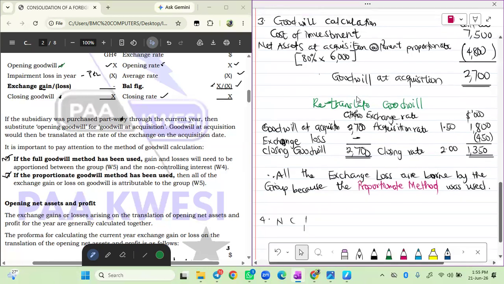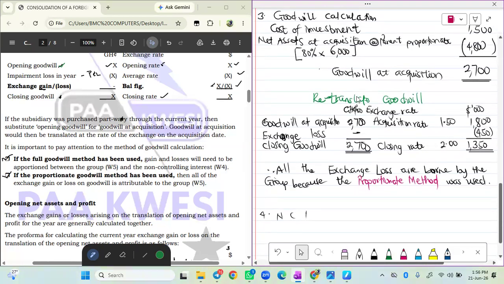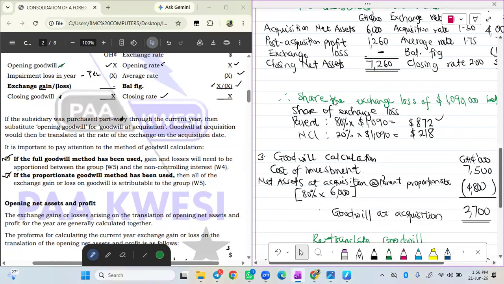All right. So with that one, you should pick what? The NCI percentage, multiplied by the net asset at reporting. So you want to include the share of this exchange loss, 218.